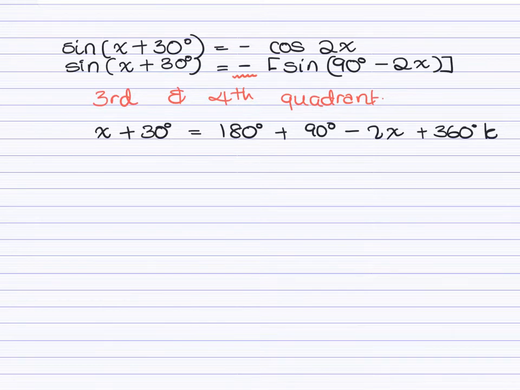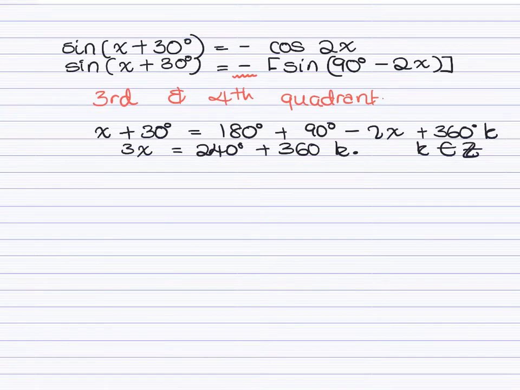So balancing method, you had negative 2x. It then groups on the left-hand side and it becomes 3x. Positive 30 degrees, balancing method to the other side, 240 degrees plus 360k. Again, k being an integer.